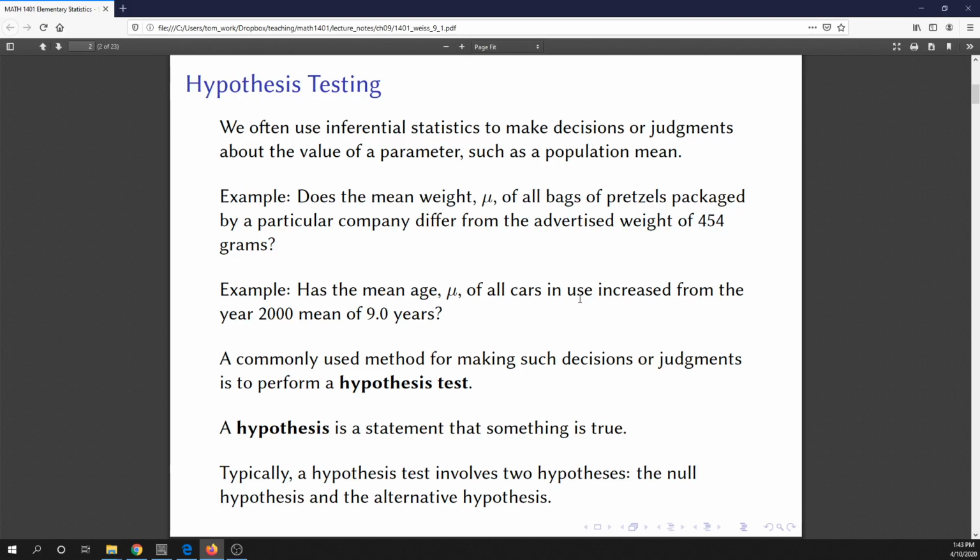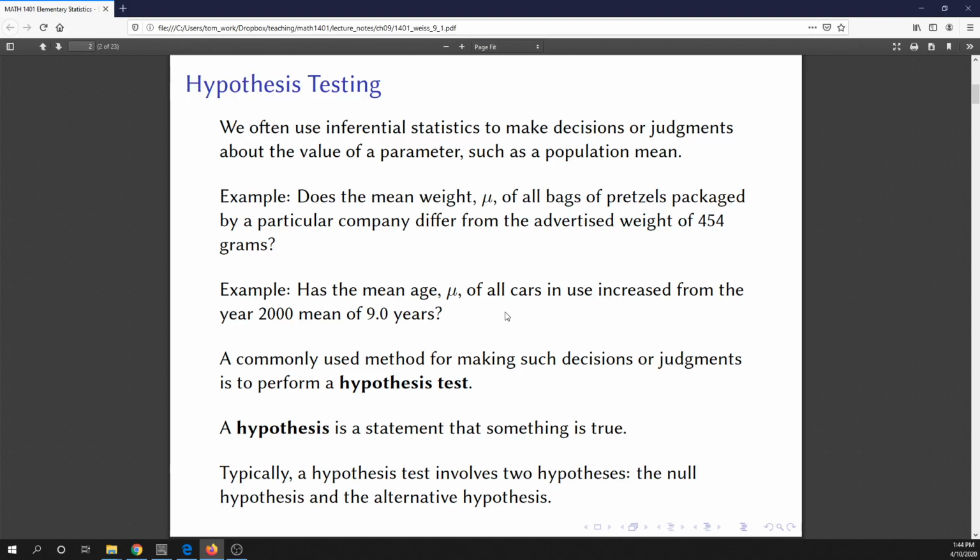Another example here is, has the mean age mu of all cars in use increased from the year 2000 mean of 9.0 years? So back in 2000, they did maybe a large study about how old are the cars in use. Maybe car manufacturers would do this, or car retailers, or maybe the government would do that for things like controlling the air quality and other situations like that.